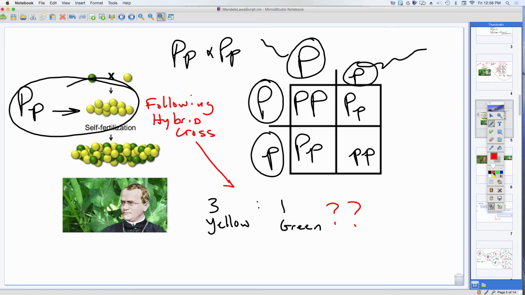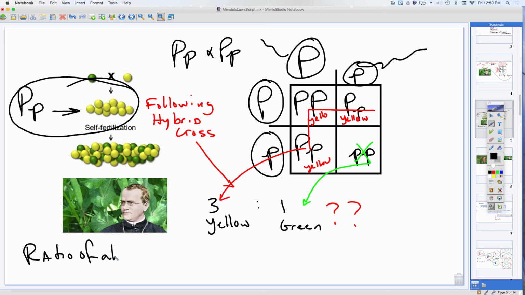And we know those are hybrids. And we already know that the hybrids are yellow. So let's take a look and do an accounting. We have yellow, yellow, yellow. That's 3. And we have only 1 green. That's a 3-to-1 ratio.